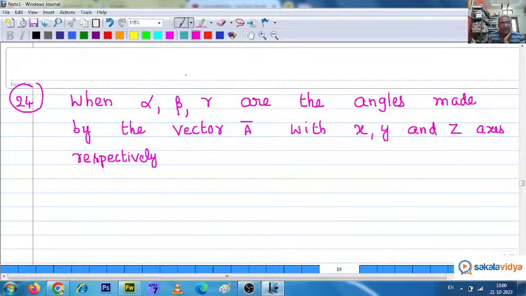They are said to be the direction cosines.